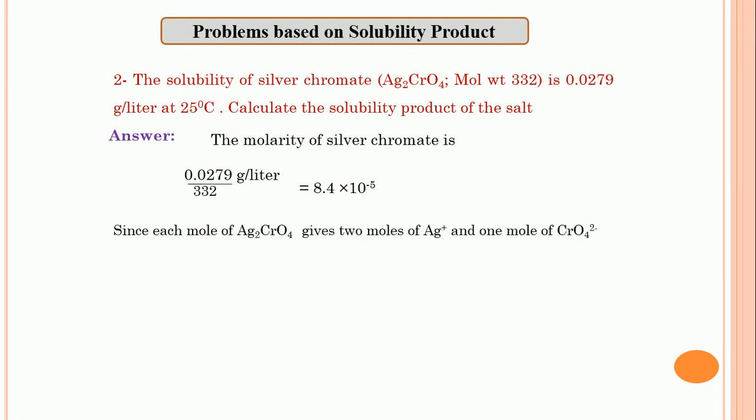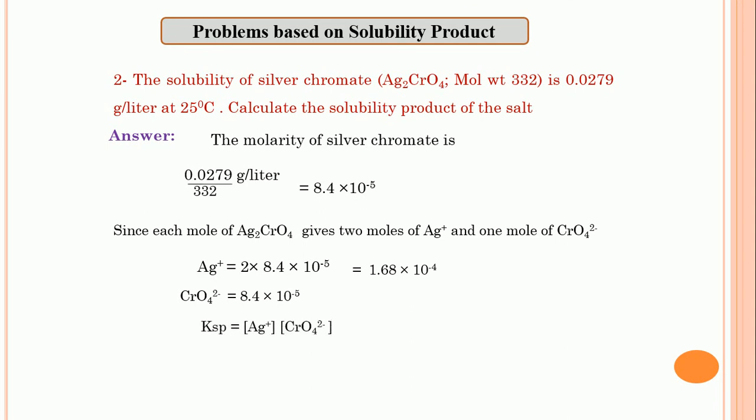Ksp is equal to [Ag+]2[CrO4 2-]. So Ag+ is 2 into 8.4 into 10 raised to minus 5, which is equal to 1.68 into 10 raised to minus 4, and CrO4 2- has the same concentration as it is, 8.4 into 10 raised to minus 5.